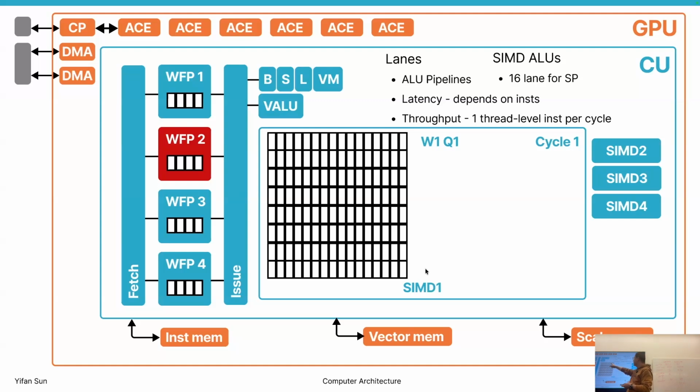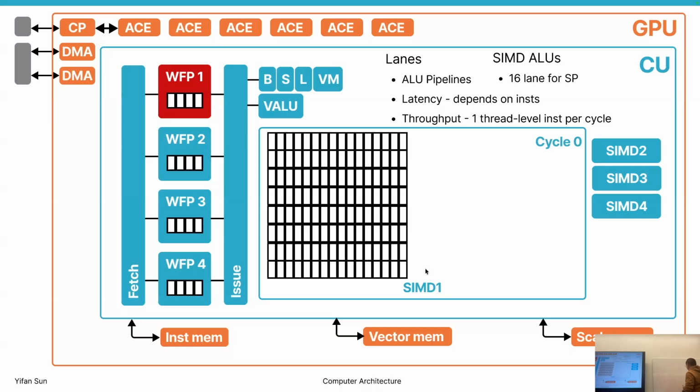So cycle 1 is similar to cycle 0 for wavefront pool 2 and SIMD2. Okay, no, it's just hard to understand.